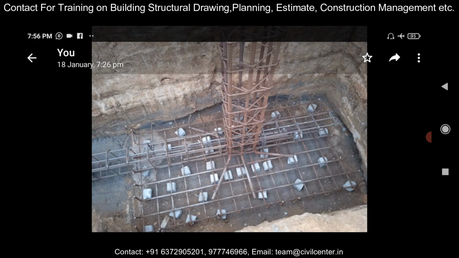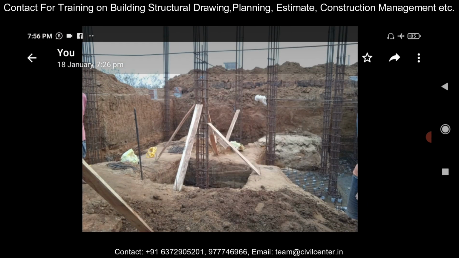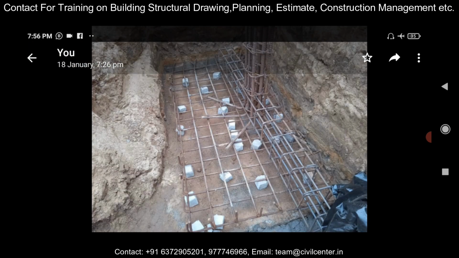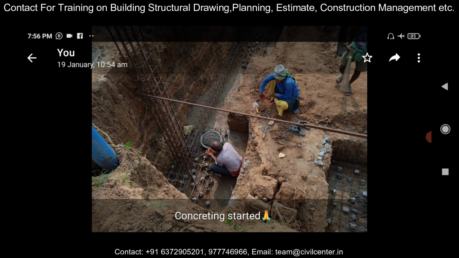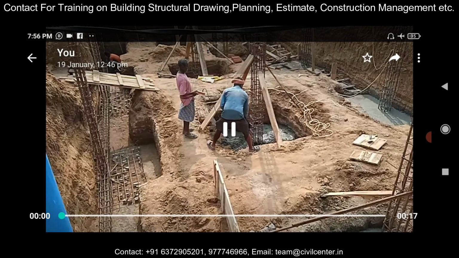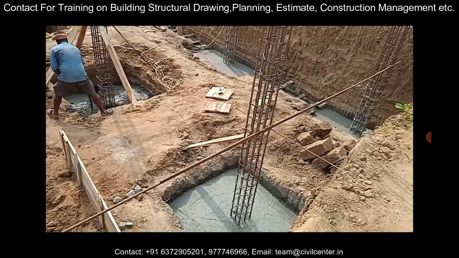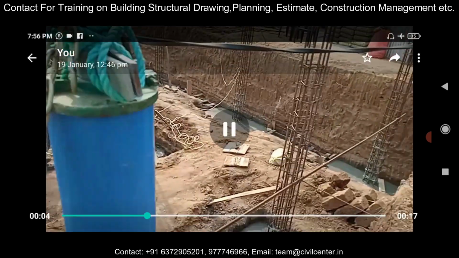This was an eccentric footing, so that's why beams like this were given. The supports in here are for the lift portion. After that, concreting can start. Let's show a video of the concreting process. As you can see, using vibrators, you need to ensure that proper compaction has been done.